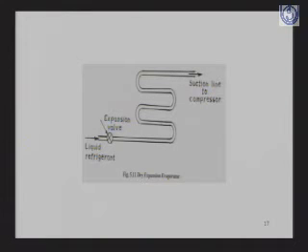Then we come to the fourth important component, which is the evaporator. As we mentioned, evaporators are of two types. One is the dry expansion evaporator, and the second is the flooded type of evaporator.